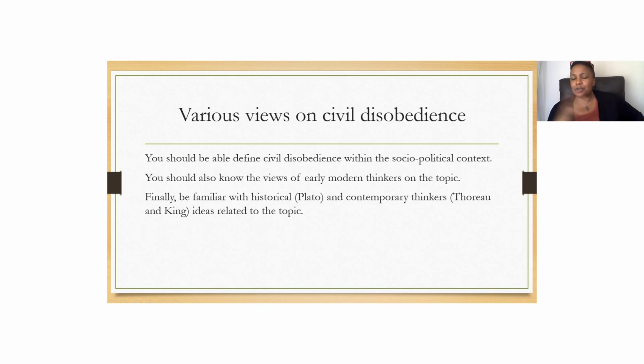Okay, so you're not throwing the baby out with the bathwater, as the saying goes, right? You're not throwing all the laws out, but you're breaking a particular law, typically under the notion that that law itself is unjust. Okay. You should know that definition.